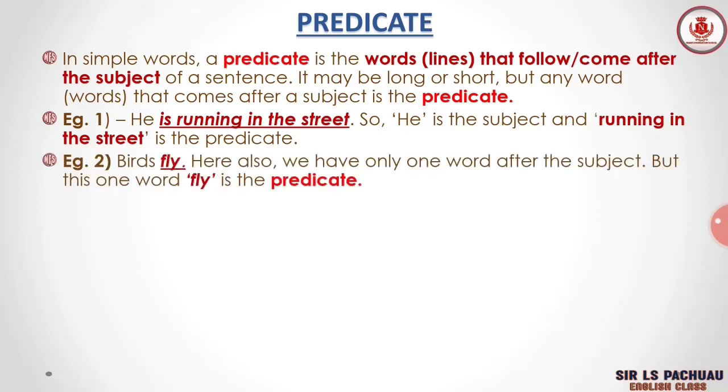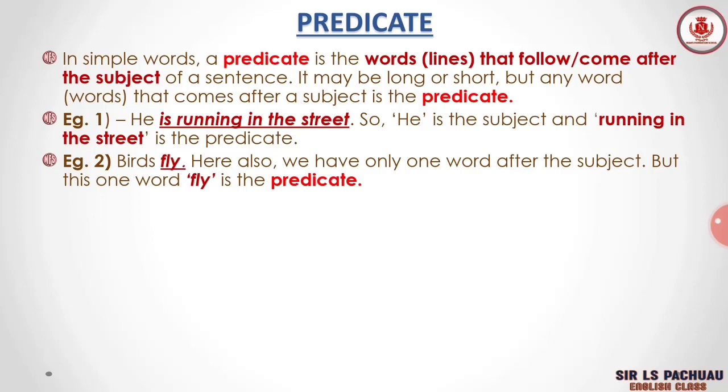And example number 2 here, we have only 2 words. Birds fly. Birds is the subject here, and fly is the following word. Here we have only 1 word after the subject, but this 1 word fly is the predicate. It's only 1 word, but it's still a predicate because it comes after the subject.